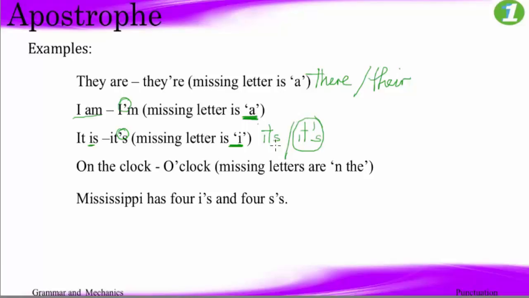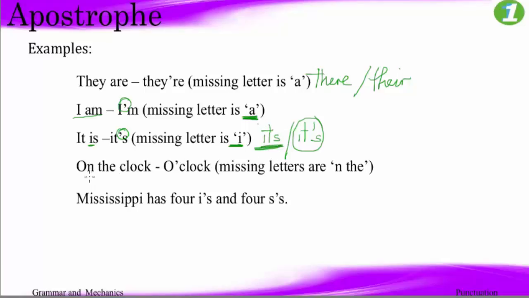The acceptable its for ownership is ITS. Once you use an apostrophe S, you are actually using the contraction for it is, the shortened version of it is. All right? Don't forget that. If you are using an apostrophe S with it's, it means you are using the shortened version of the phrase it is. Its without the apostrophe S is the one that shows possession or ownership.